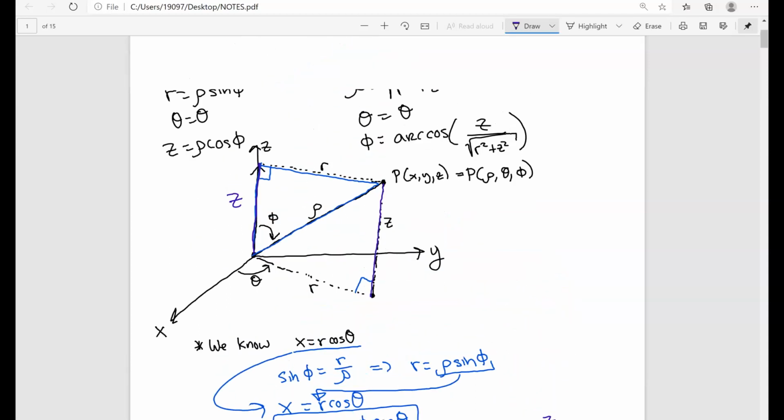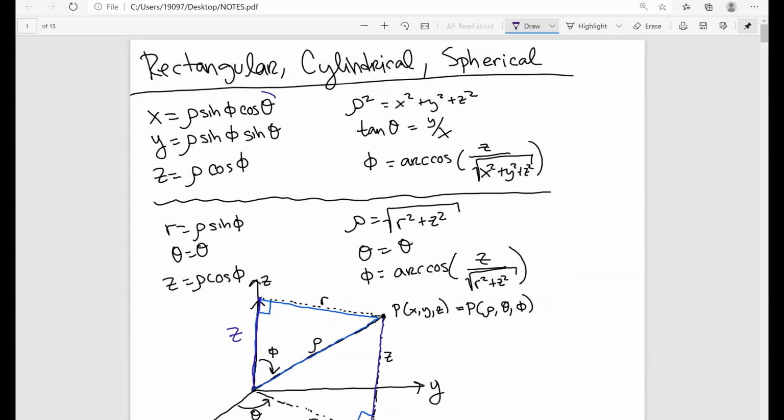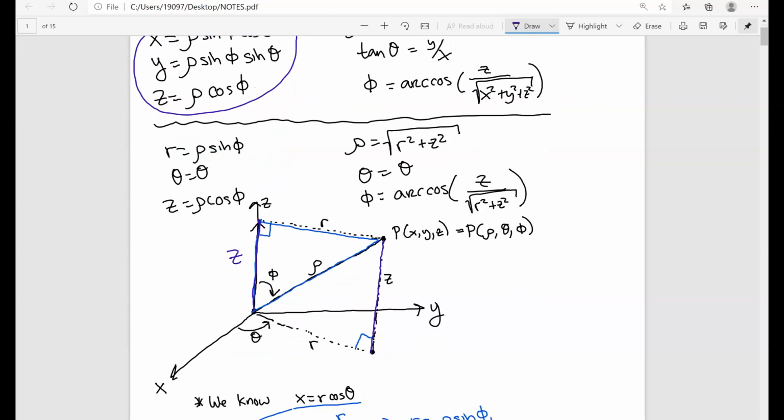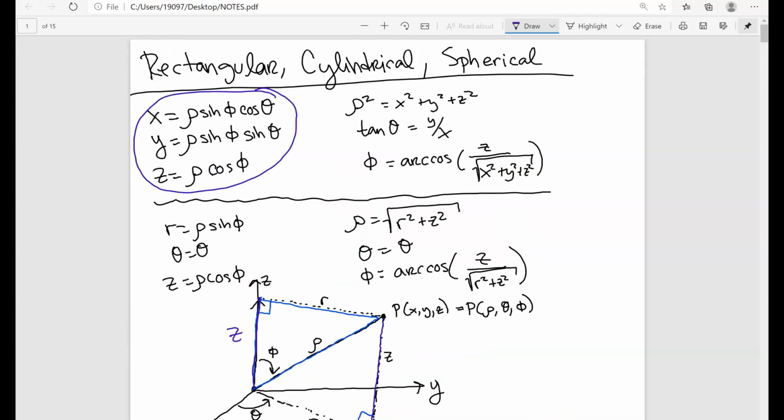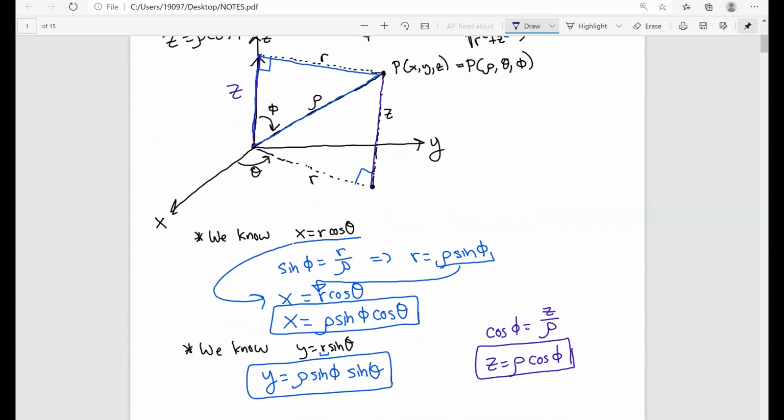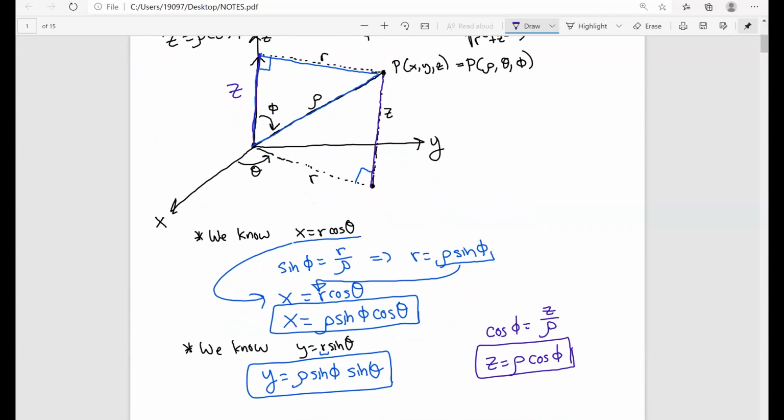So cool. We now have all of these formulas. We derived all of these formulas using geometry. Now, how do I get these ones? Well, these are actually not that bad. To derive the first one, rho squared equals x squared plus y squared plus z squared, you can look at this entire triangle and just use the Pythagorean theorem.